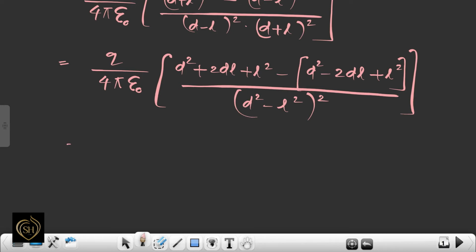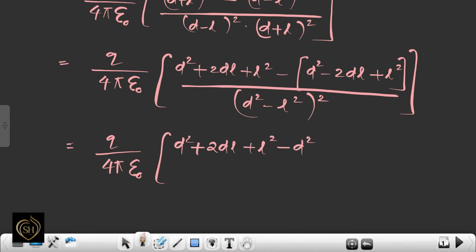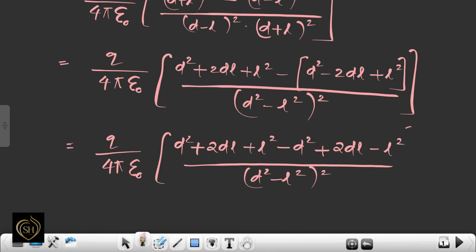Let us open the bracket. That is equal to Q by 4 pi epsilon 0 [D square plus 2dl plus L square minus D square plus 2dl minus L square] divided by (D square minus L square) the whole square.